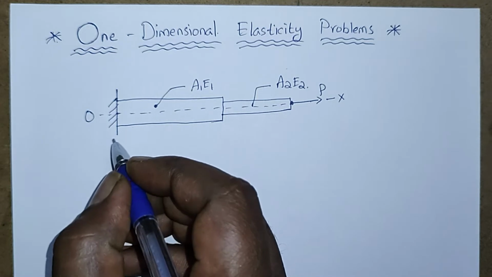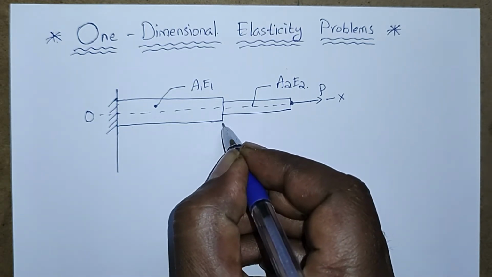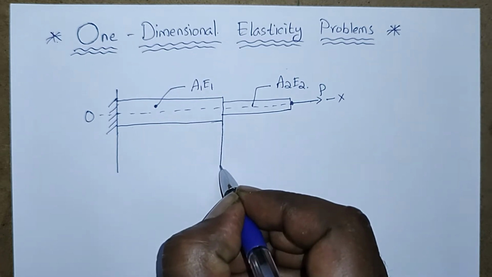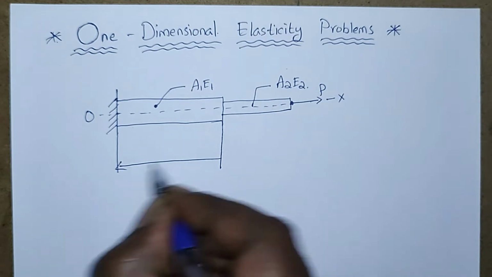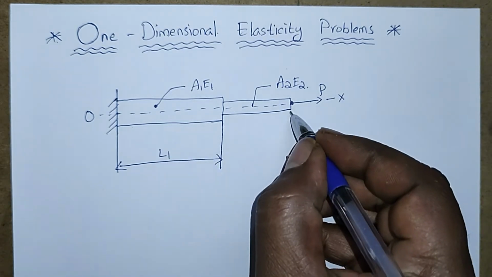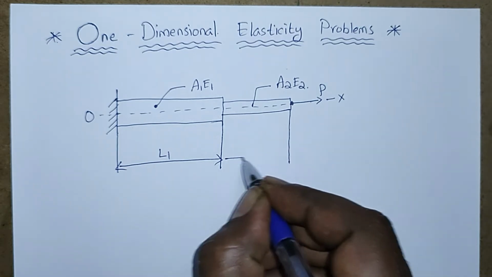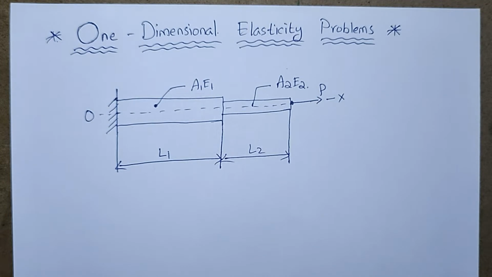This is the length for this stepped bar. This is our first length L1, and this is L2.